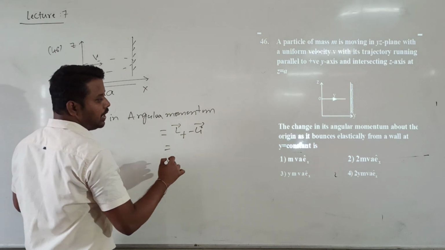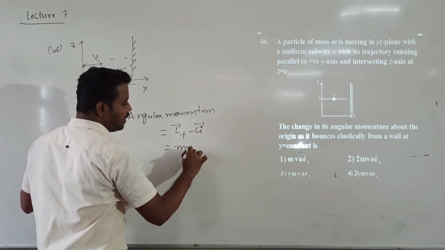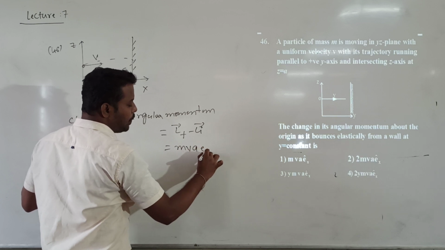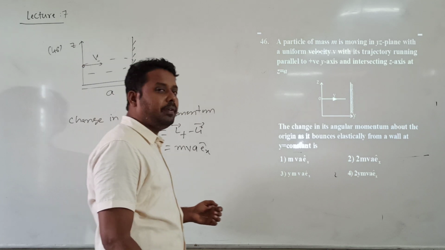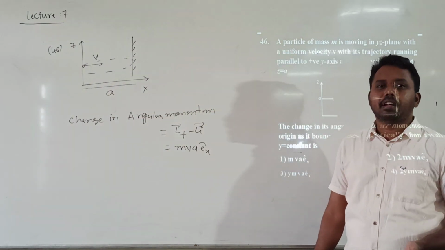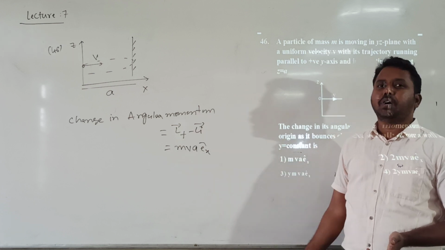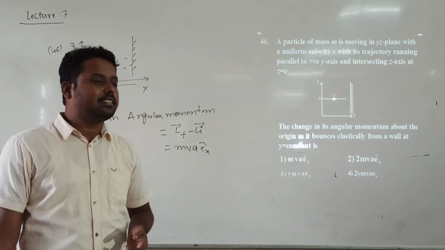Then the angular momentum is given by m into velocity v into a into e along x cap. Why along x cap? The angular momentum direction is perpendicular to both r bar and p bar. Here r bar and p bar are in the yz plane, so the angular momentum direction is along the x axis.